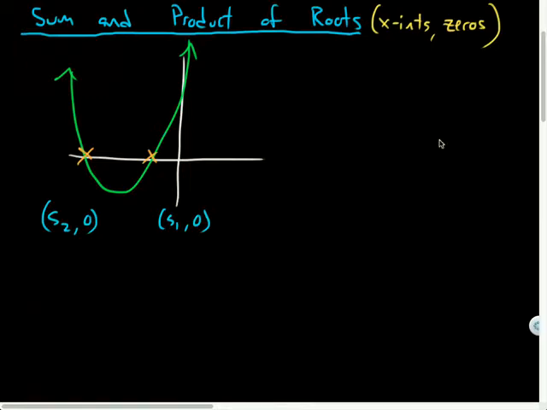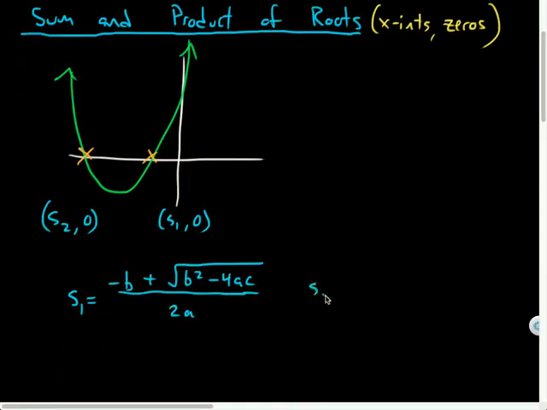And I want to point out that S1 you could also think of as being the opposite of b plus the square root of b squared minus 4ac all over 2a.